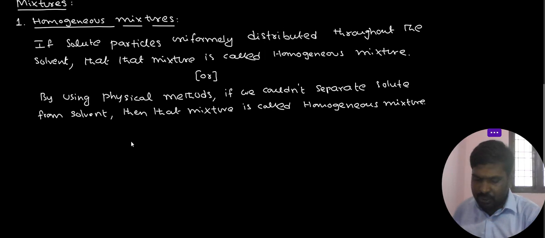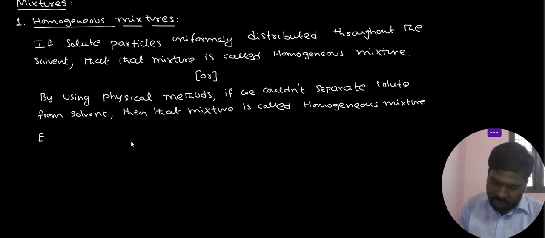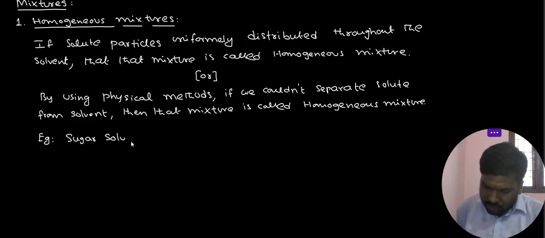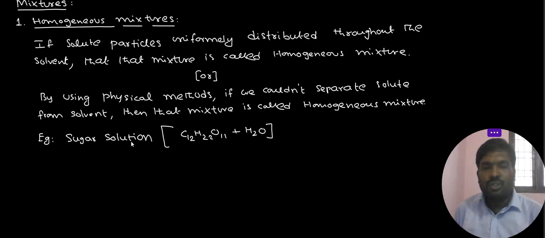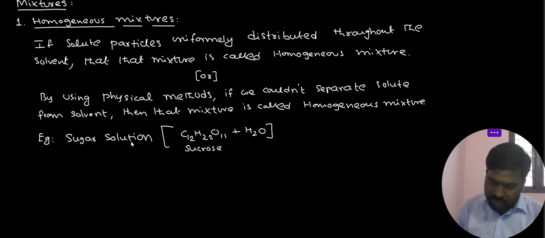So the best example is sugar solution. Example, sucrose, C12H22O11, plus water H2O. Sucrose solution. This is homogeneous.